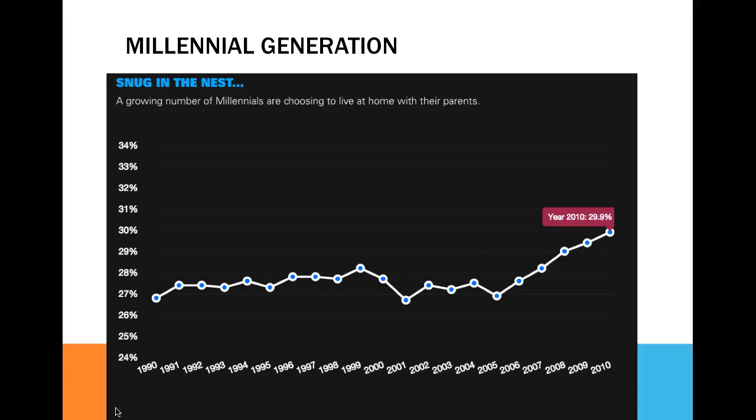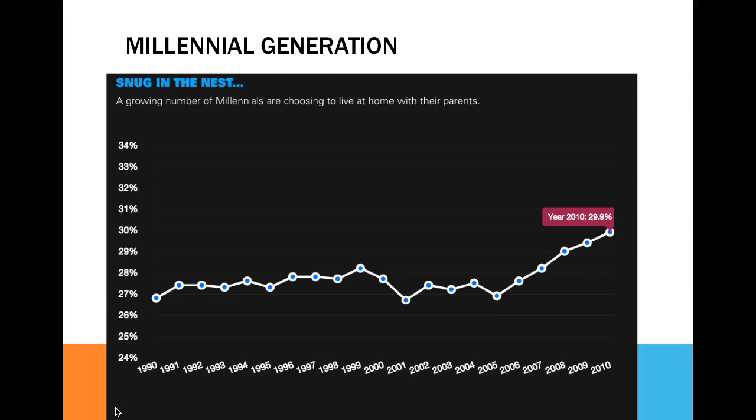The first fact is that you folks are living with your parents longer, sometimes up until you're 30, whereas the norm for your parents was to leave home in their late teens, early 20s.